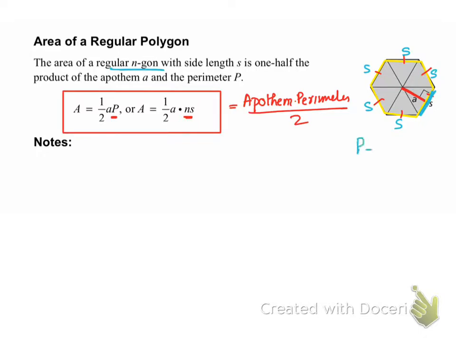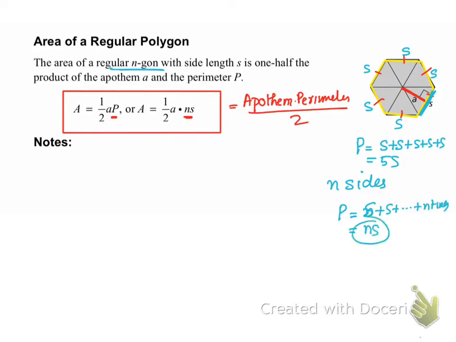In this case, the perimeter is s plus s plus s plus s plus s, that's 5s. But if you're making a generalization and you don't know how many sides, P will be s plus up to n times. That's why it is n s, and that's given here.